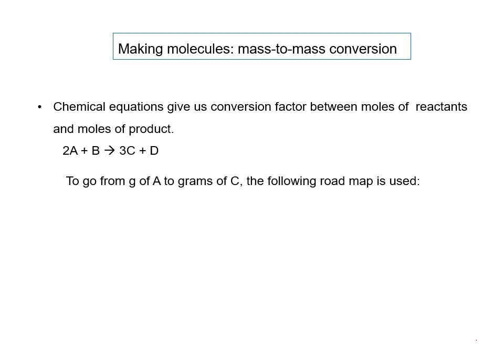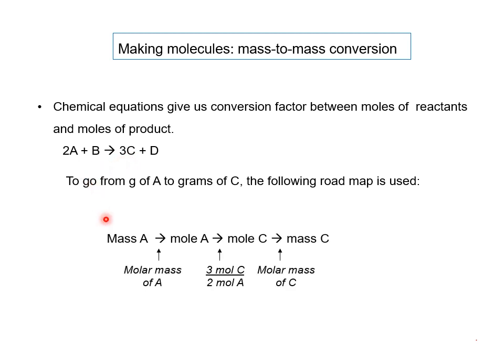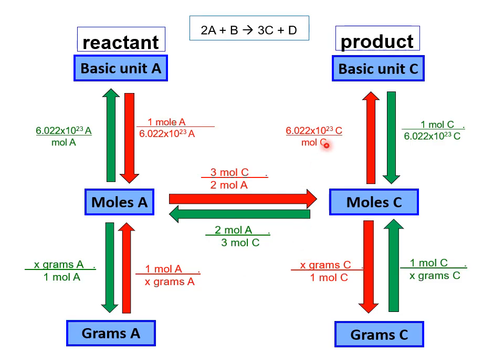So to go from grams of the reactant to grams of the product, I first have to convert the grams of A into moles of A. The reason I have to do that is so that I can use this balanced chemical equation as a conversion factor. And then after I convert into moles of product, I can convert into mass of product using the molar mass. So here is the roadmap.